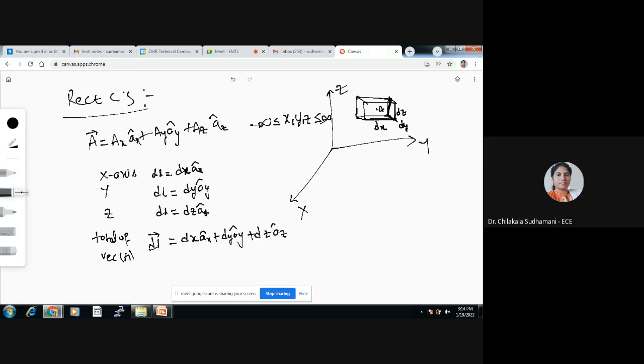This is the total length of the vector A, given in a rectangular coordinate system. Clear? How to calculate the length value?